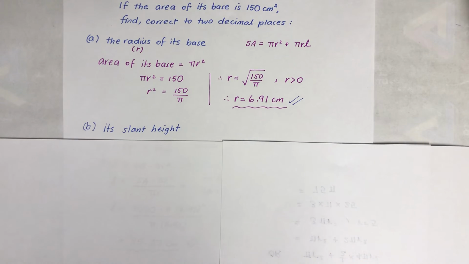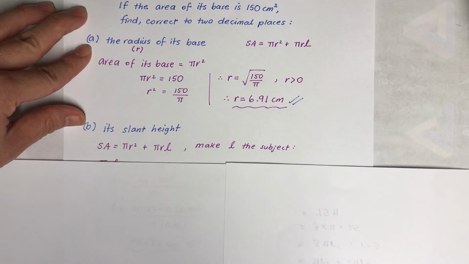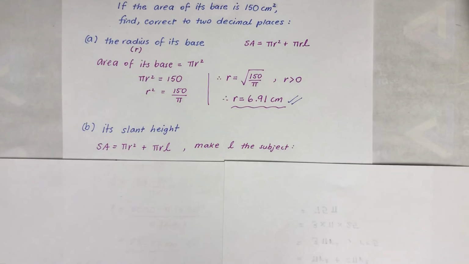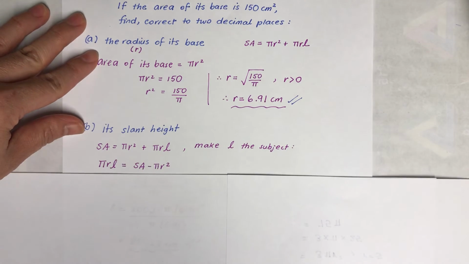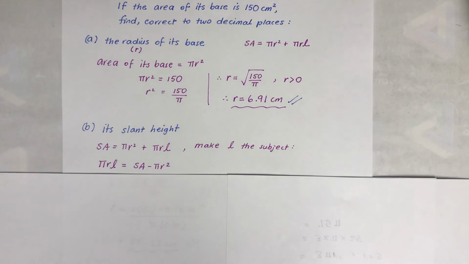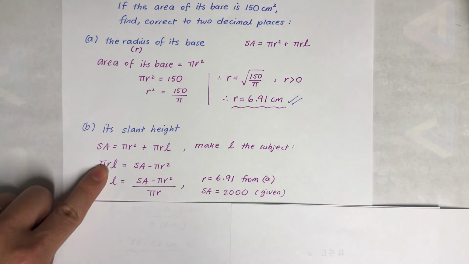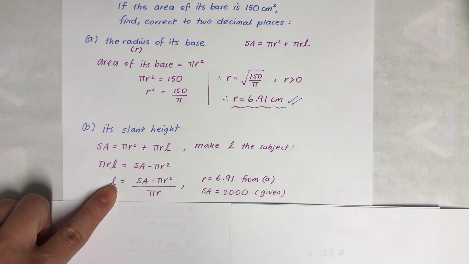Now I have to find the slant height of the cone. I'm going to have to use the formula for the surface area: surface area equals pi r squared plus pi r L. And I'm going to make L the subject. So I'm going to move the pi r squared to the other side. It'll become SA, which is surface area, take away pi r squared, and then I'm going to divide by pi r, so that on my left hand side it'll be just L, the slant height, by itself.